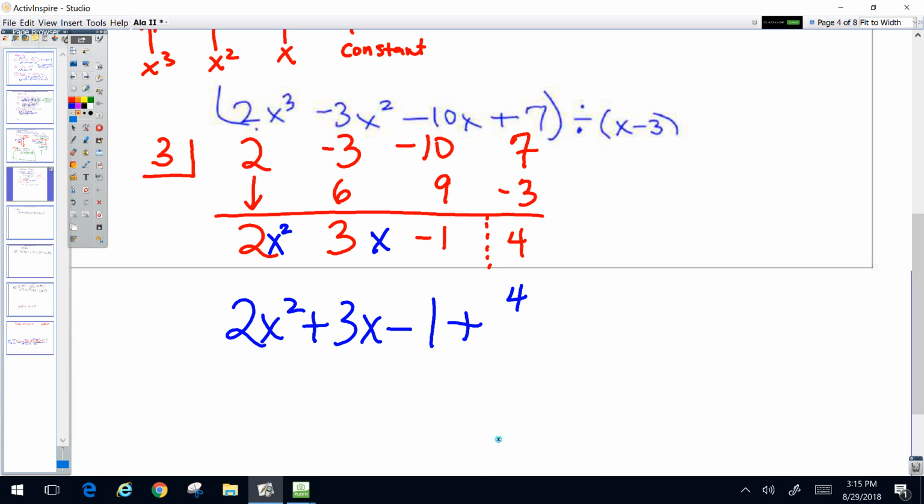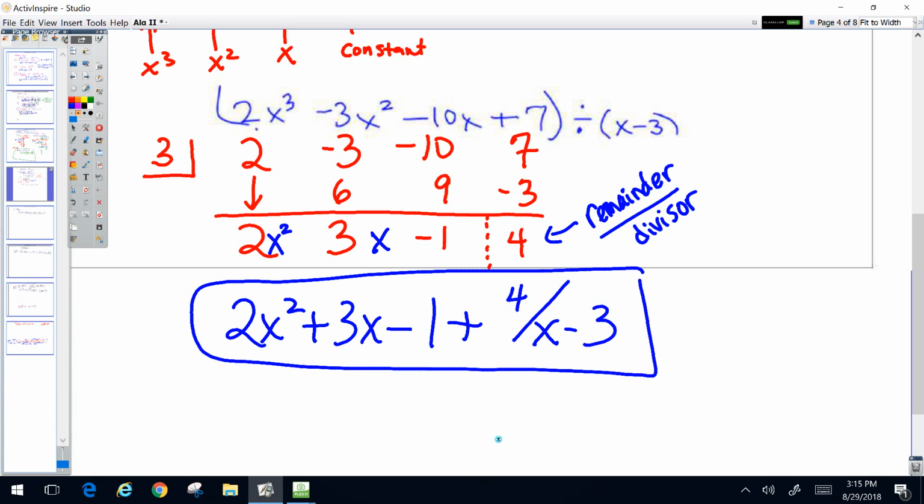If there is a remainder, the remainder must go over the divisor. So this is our answer. Same process every time.